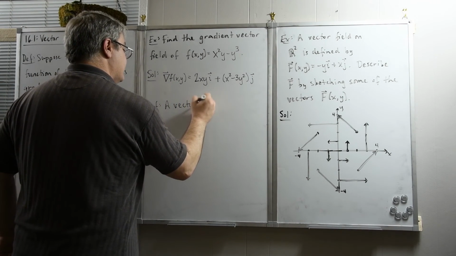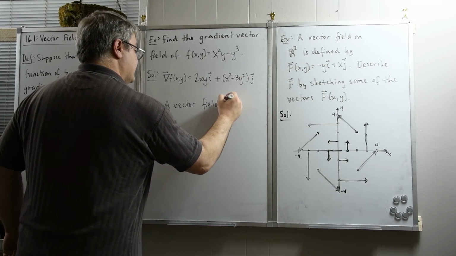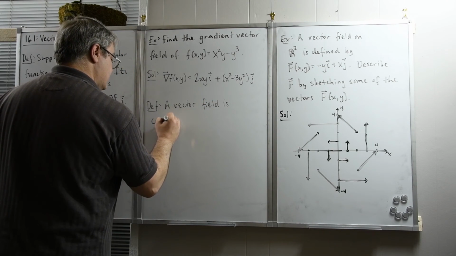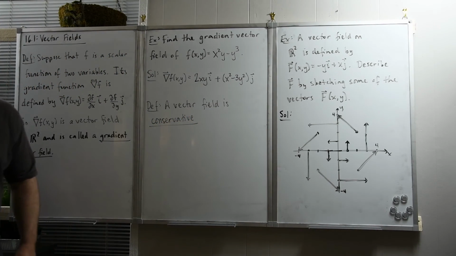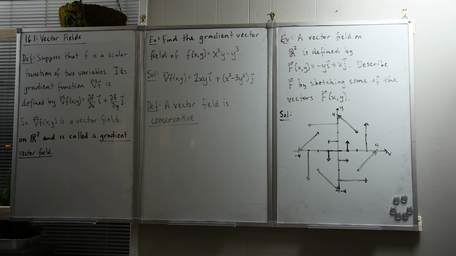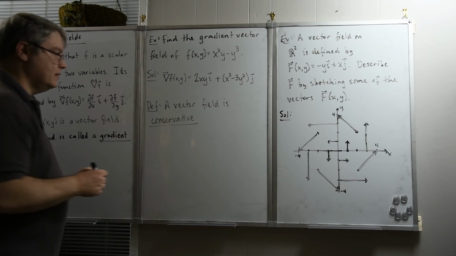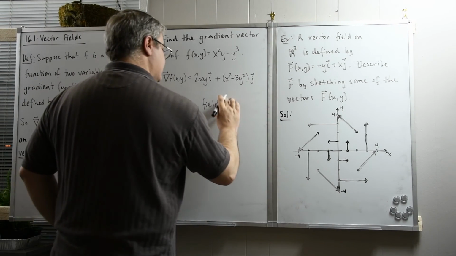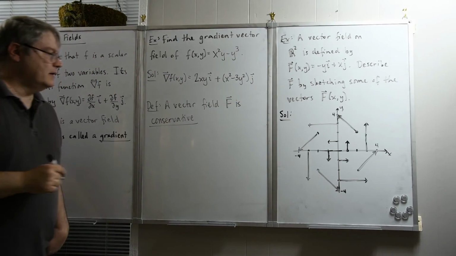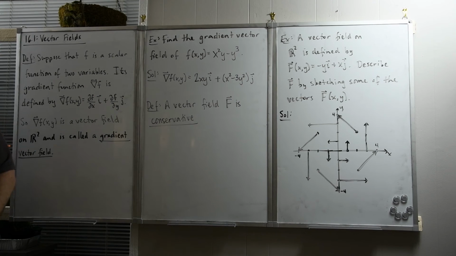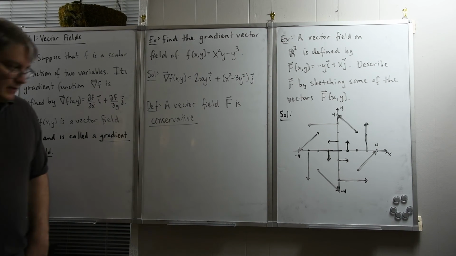Take a look at what it means for a vector field to be conservative. So the vector field, let's call this vector field big F, is conservative if it is the gradient of some scalar function.